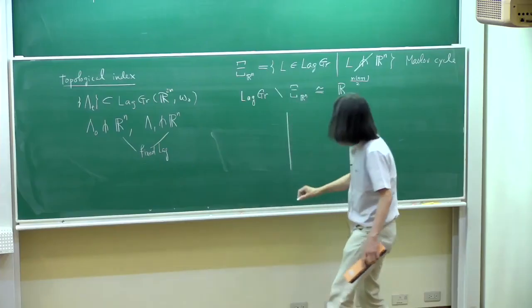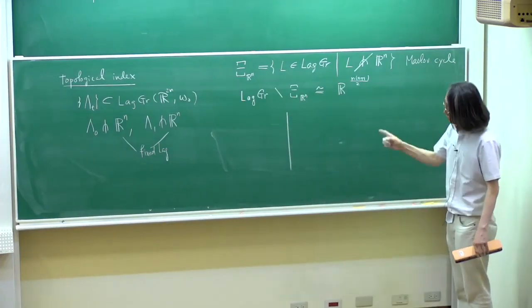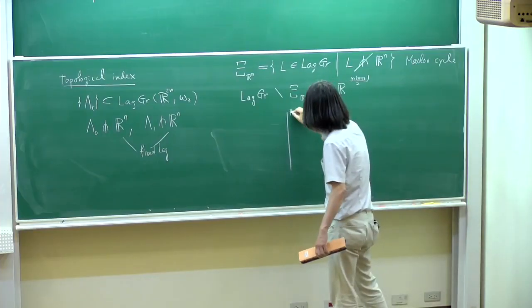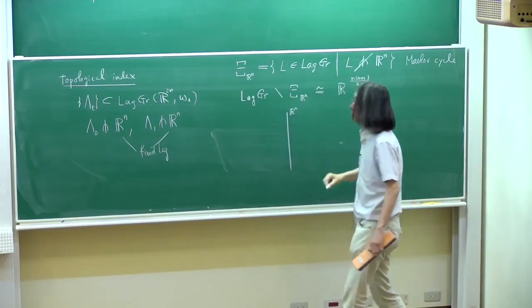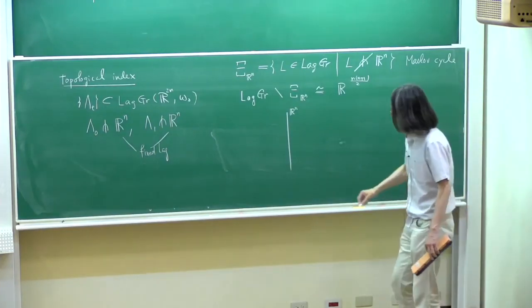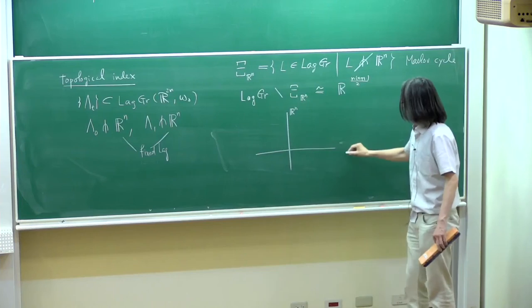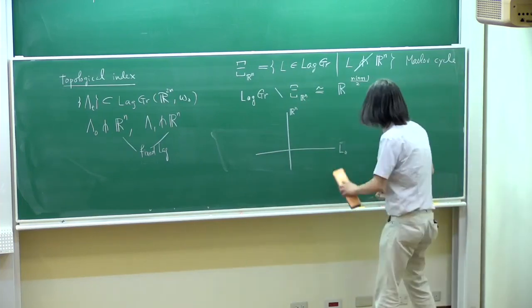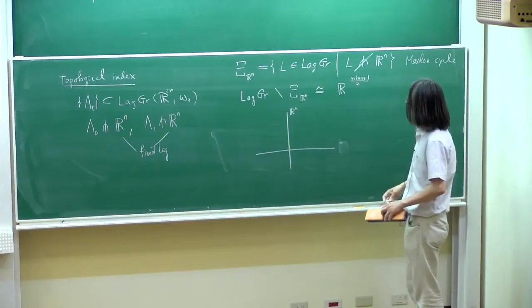I fix one Lagrangian, anything. So here I fix Rn. And then I have another Lagrangian subspace, L0, so maybe better to denote it by a different letter.